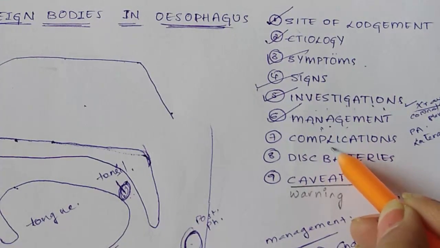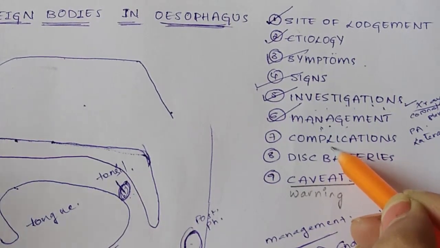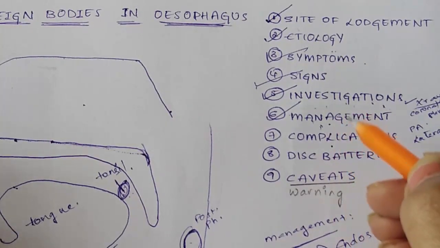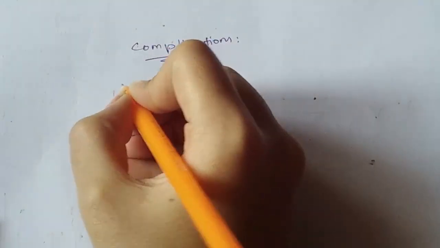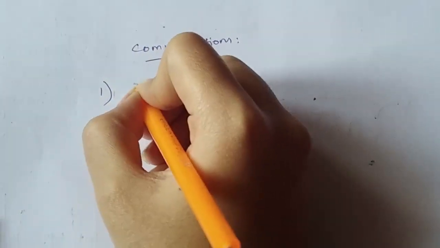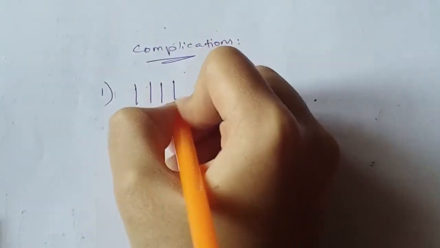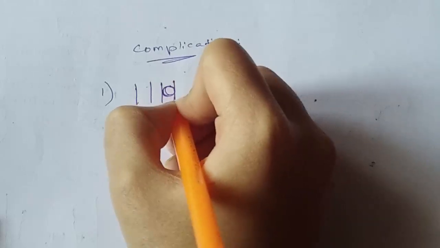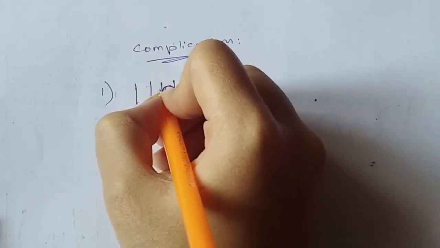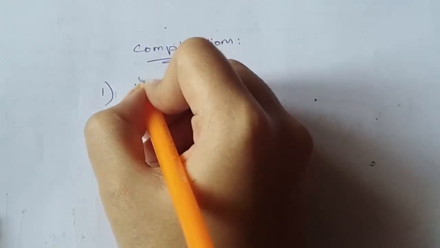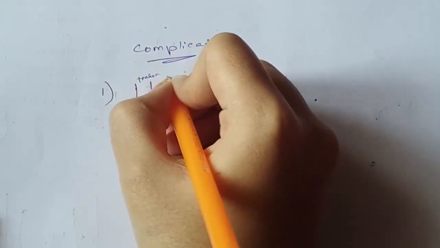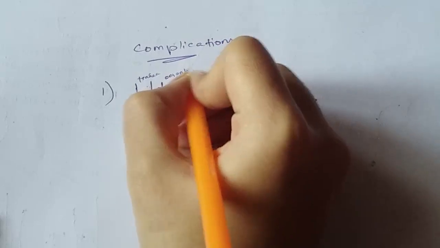Now coming to complications. What are the complications if we leave the foreign body like that? Previously we discussed that if there is a foreign body in the esophagus, this is the esophagus and this is the foreign body, it causes pressure and compresses the trachea. Trachea will be in front of the esophagus, right?